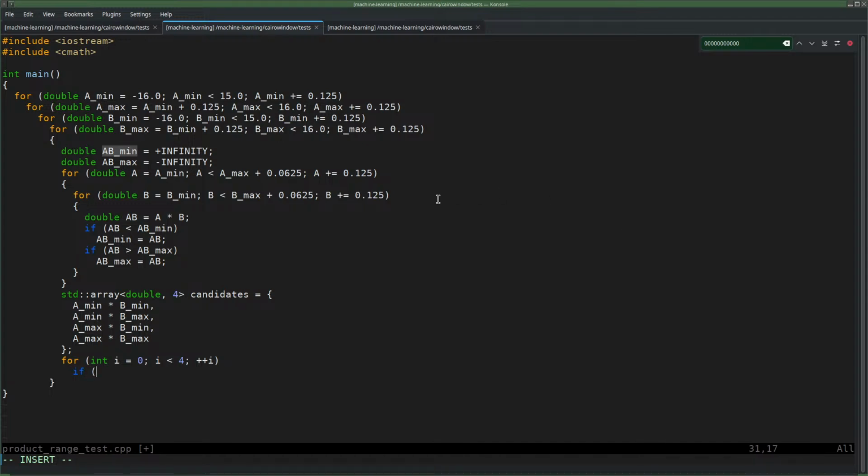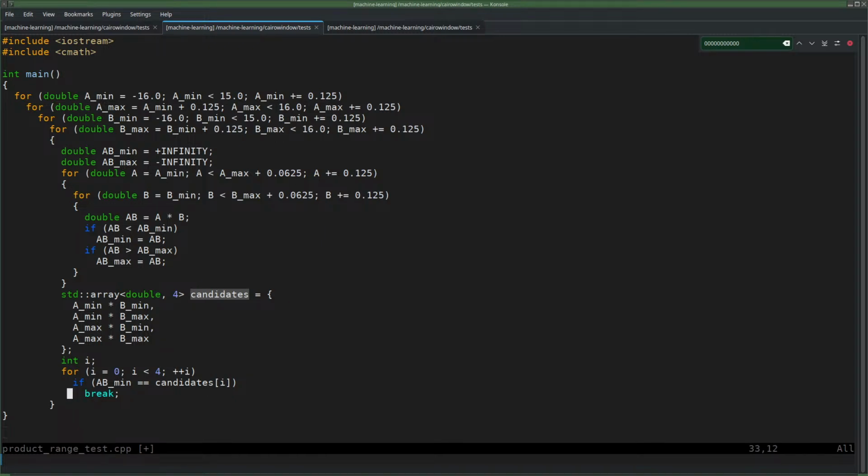If a min equals candidates i, break. So if we ever reach this break, then i is going to be less than 4.